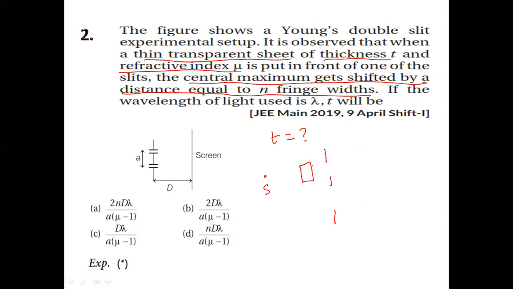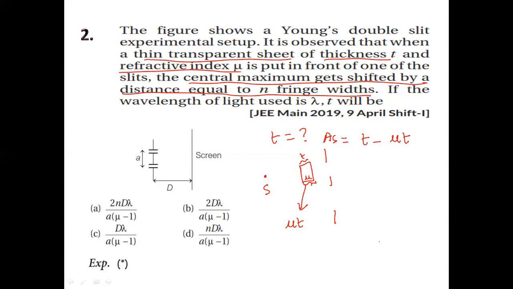This transparent thin sheet has refractive index mu and thickness t. So the path in this transparent sheet will be mu t. The total distance traveled is t, so the apparent shift is t minus mu t.